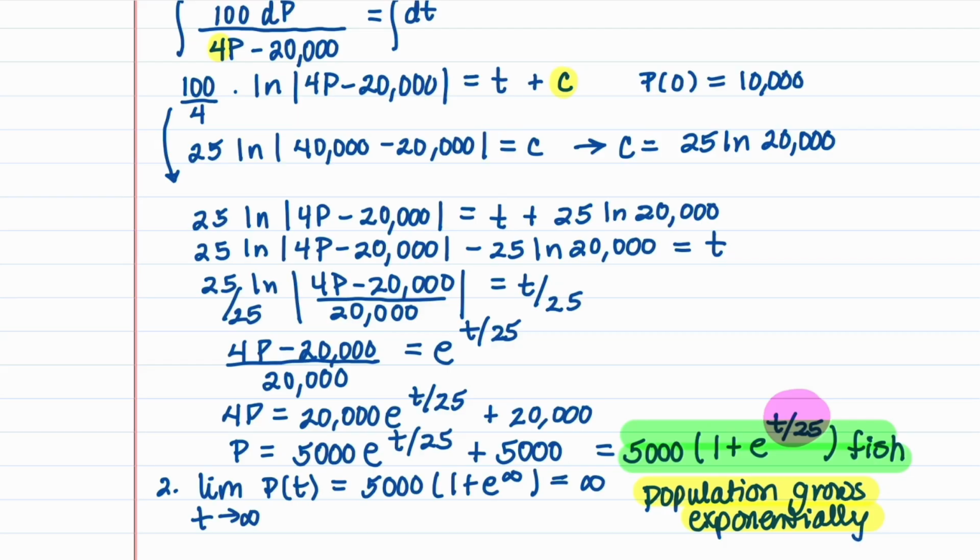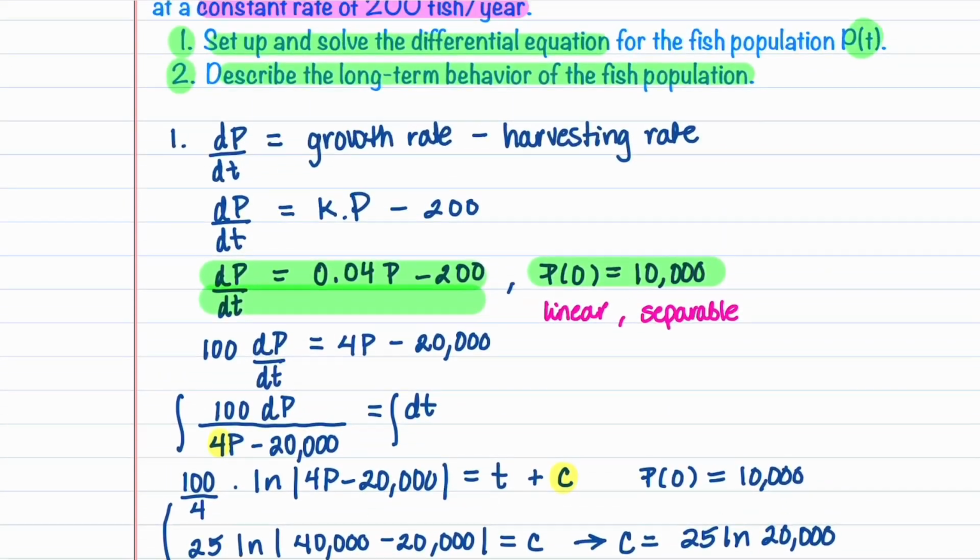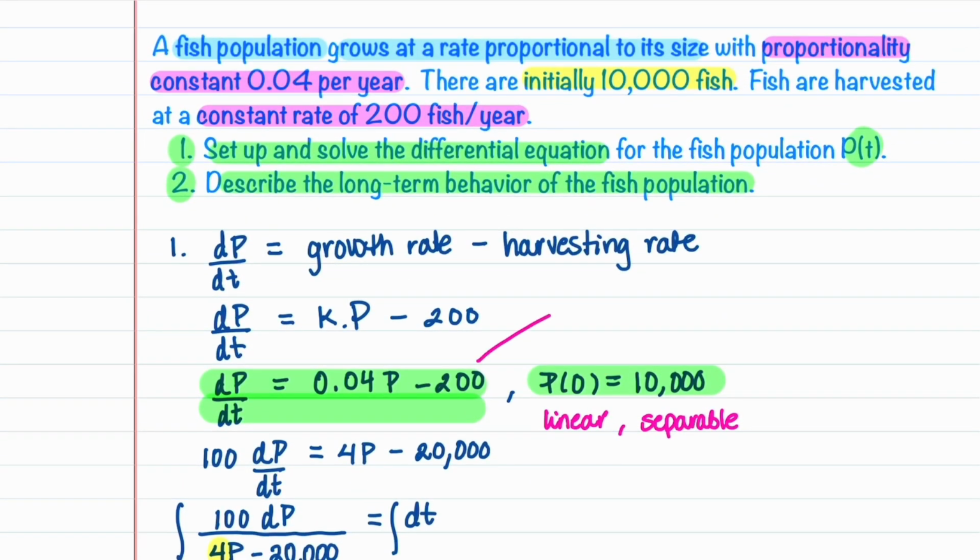Before we're done with this problem, I want to show you one more interesting thing that relates to the population growth. Let's go back up here and look at this part of our equation. We are going to have what's called an equilibrium solution, meaning the population is not going to grow or decline, and that's going to happen when this right-hand side is equal to 0.